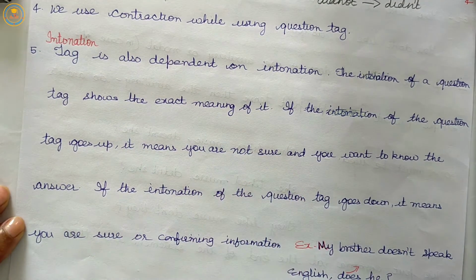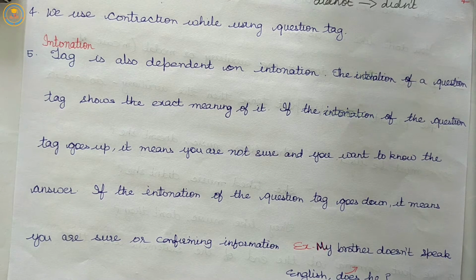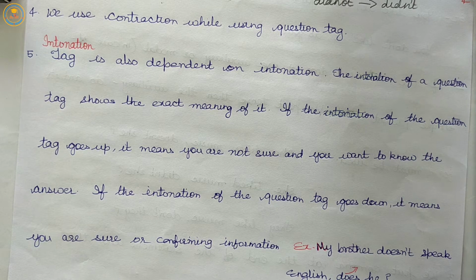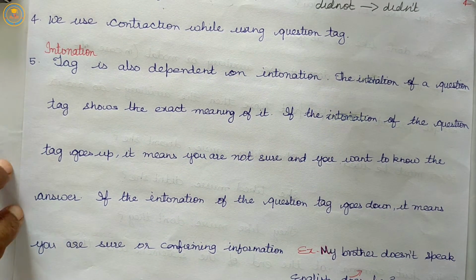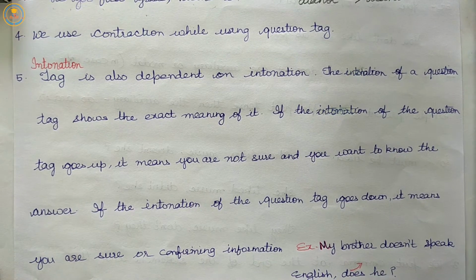Next is intonation. Yes, intonation means the rising up and flowing down of the voice, the feelings, the expression, the tone you are using. So intonation is another important thing while forming tag questions.